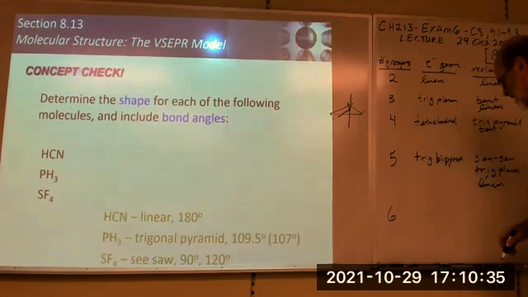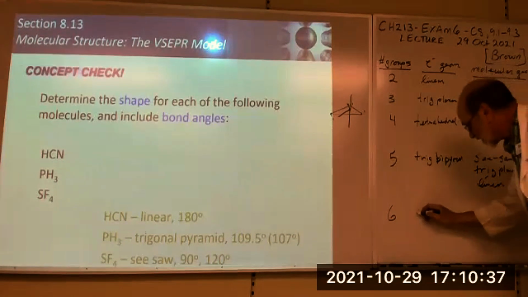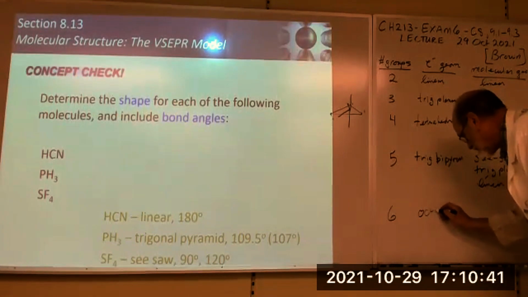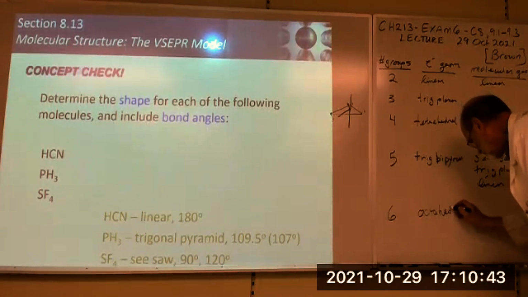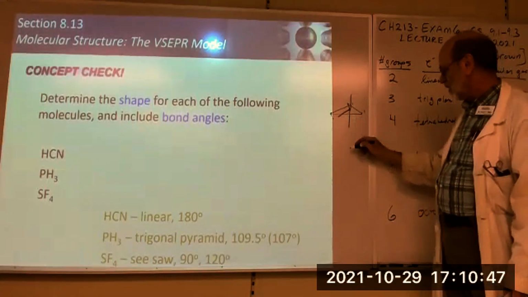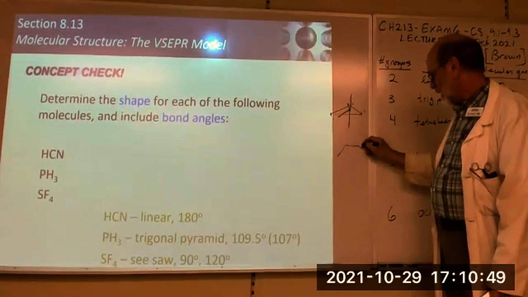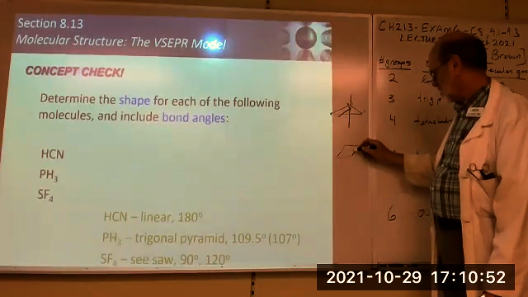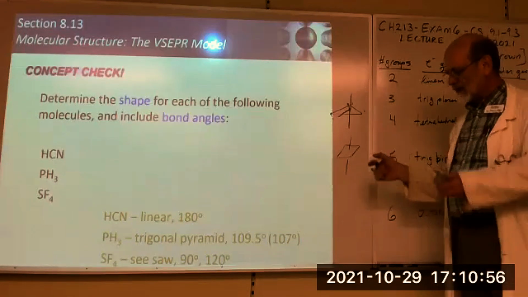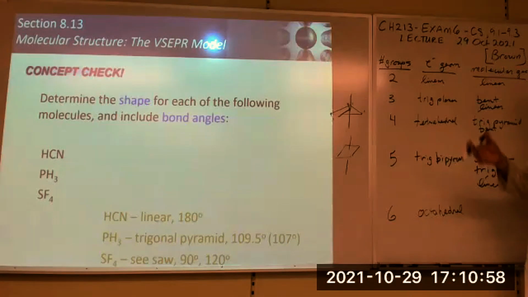6. The electronic structure for 6 is octahedral. Which is kind of like this one, only instead of a triangle, you have a square. Like that. So if you look at that geometry, it's got 8 sides.